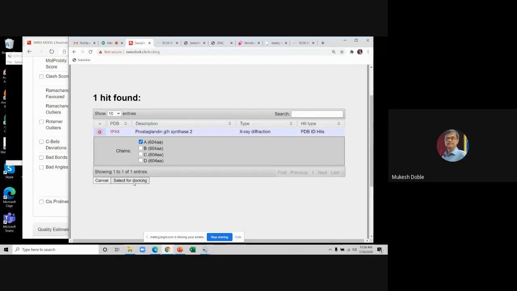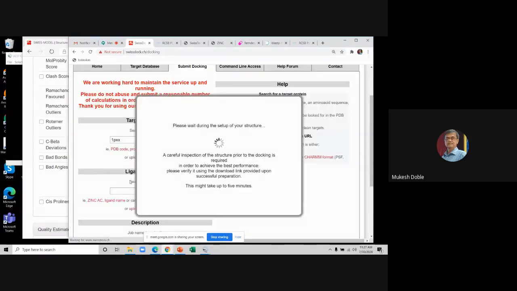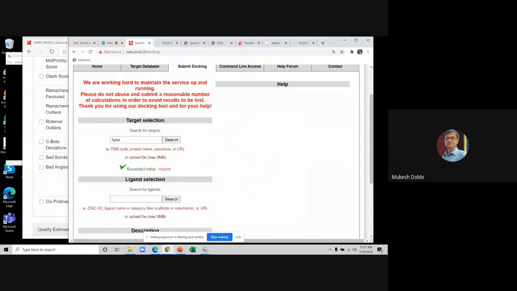Of course, we should have some background knowledge about which chain the active site is in, but here I've just taken one, then select for docking. It gives you a tick, that means everything is okay.